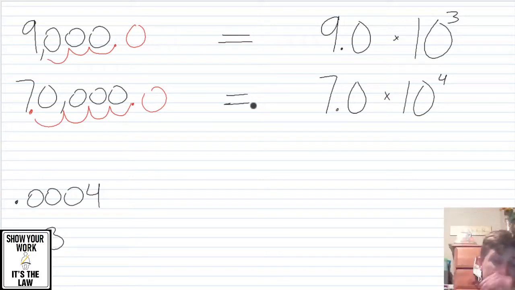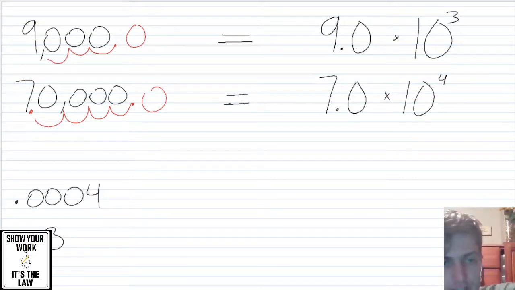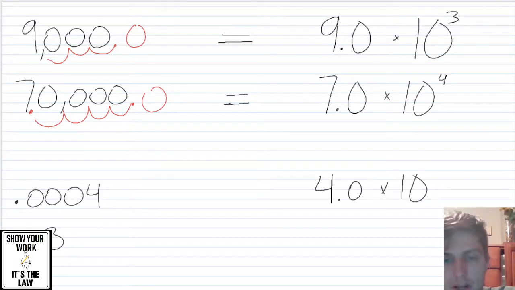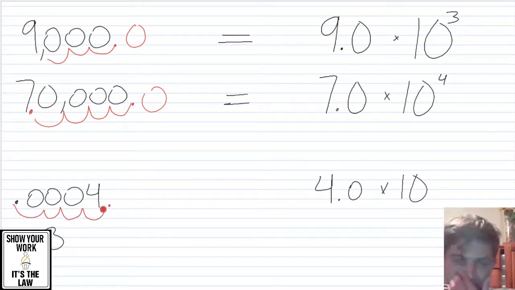Okay? Now, let's take a look at what small numbers look like. So same thing, we see our 4, so we want to write it as 4 point something times 10 to the power of. Let's count. There's our decimal. And where do we want it to go? We want it to end up right here. So we have to move it 1, 2, 3, 4 times. But what happens if we multiply 4 times 10 to the power of 4?